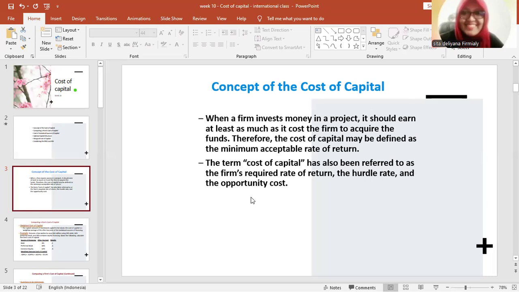That's why the company always tries to make the cost of capital a bare minimum. Why? Because when the company decides to make it minimum, that means the company is able to tackle its inefficiencies, and also that the company has mitigated the risk, specifically the systematic risk within the company's organization itself.